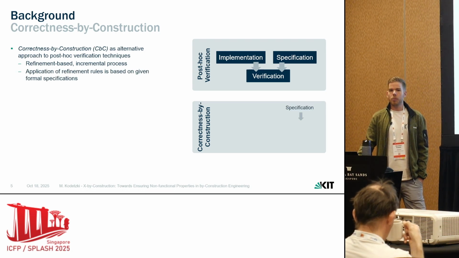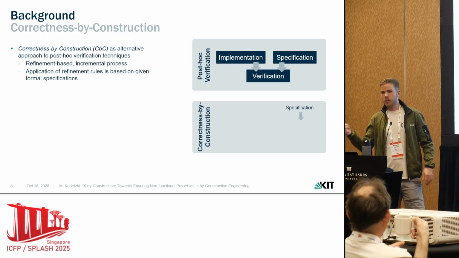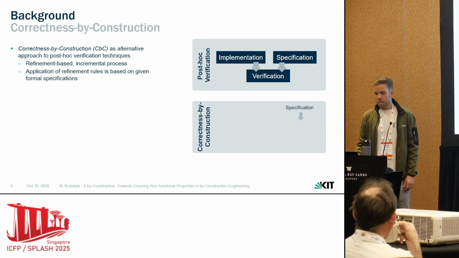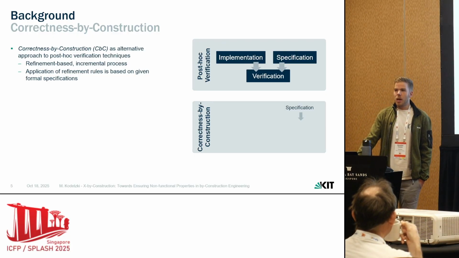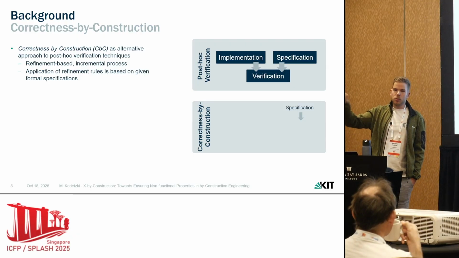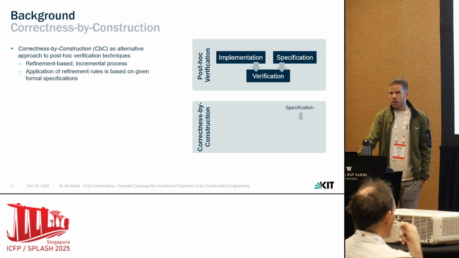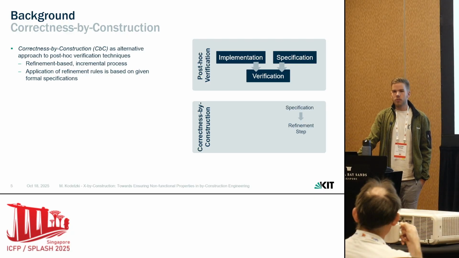Refinement rules represent basic programming constructs like selections, loops, assignments, method calls, and so on, and are applied on an abstract program that you want to concretize to an actual concrete program. And the nice thing about CBC is that you can verify each of the refinement steps.